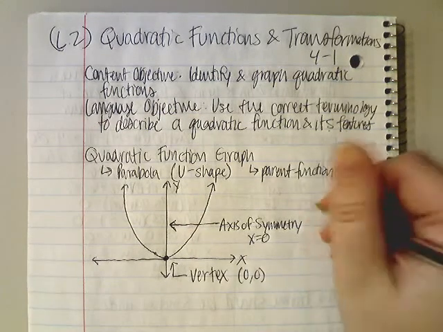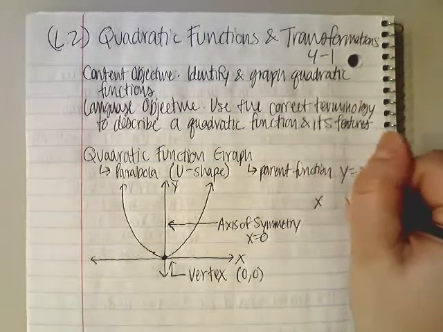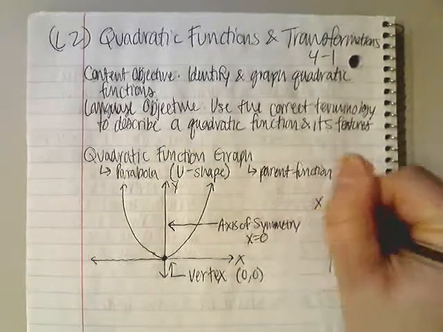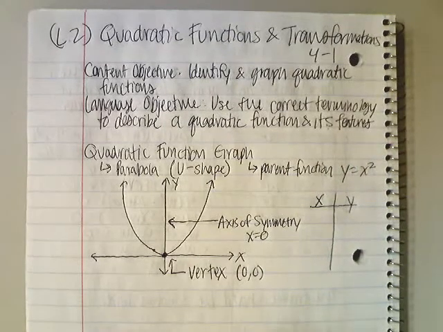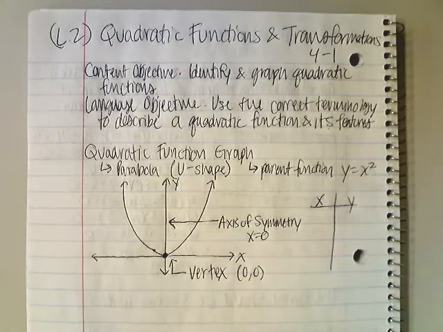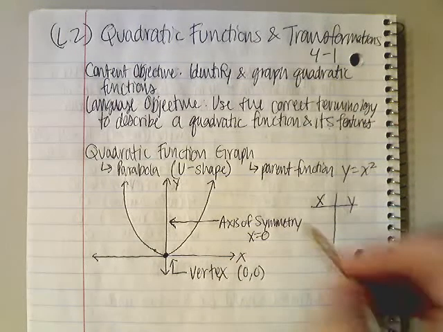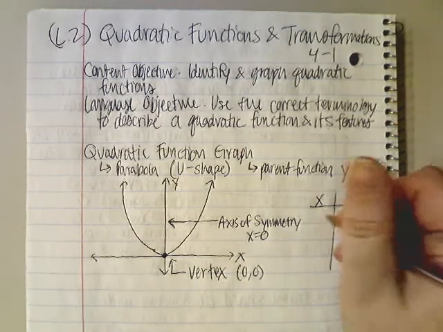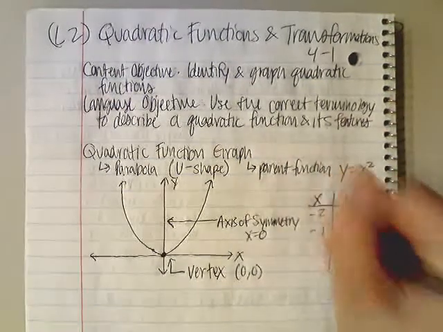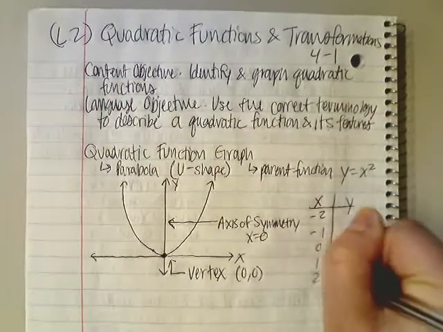And the last thing I want to do is make a table of some of the simpler values in our graph, so that when we talk about stretches and compressions, which we're going to get into again today, we can see what's happening. So we're just going to go from -2 to 2 with a table.